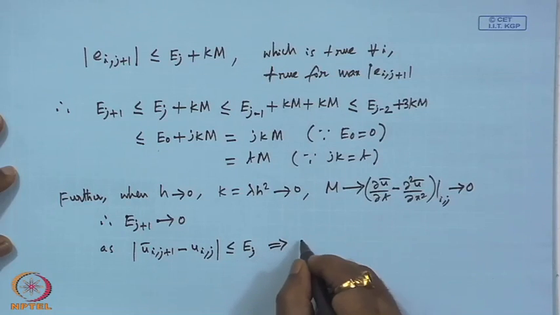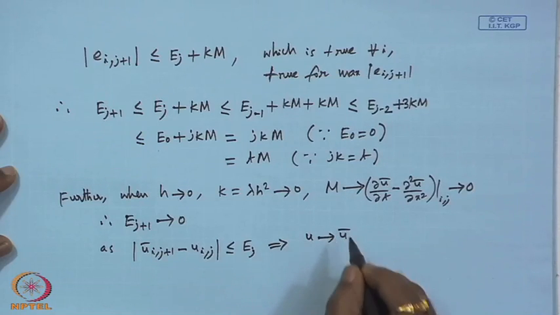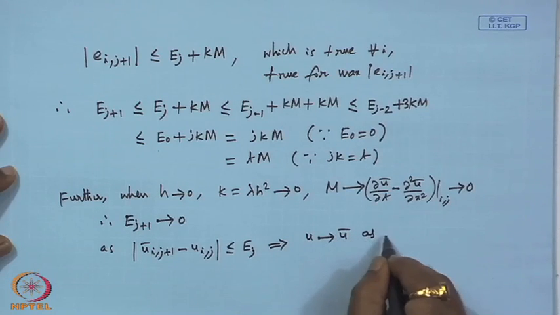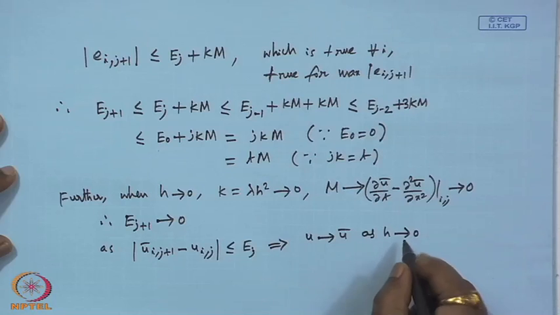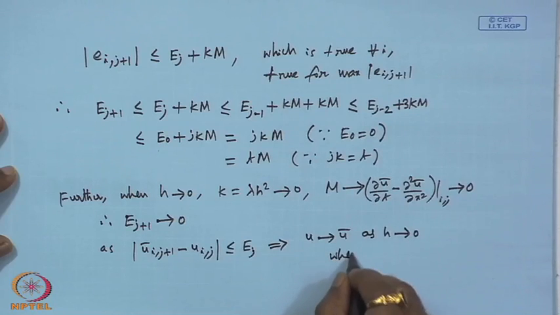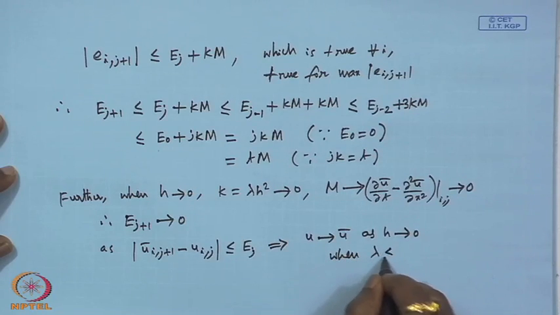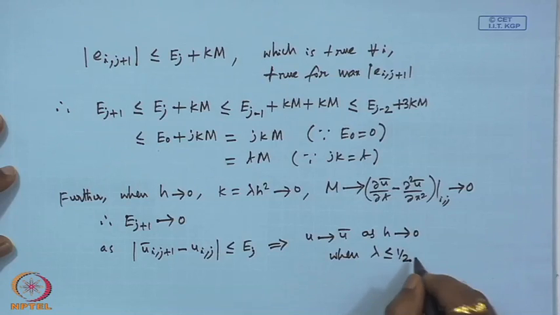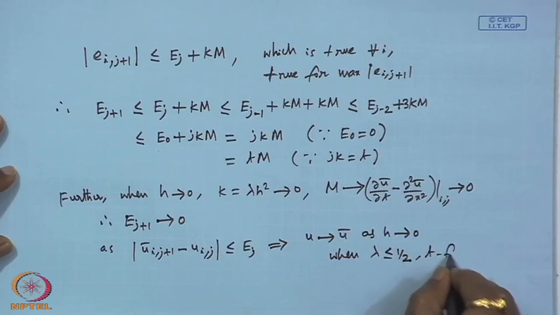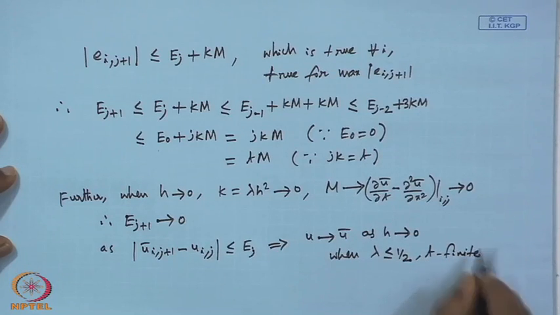This implies u goes to u bar as h goes to 0, when lambda is less than or equal to half and t is finite.